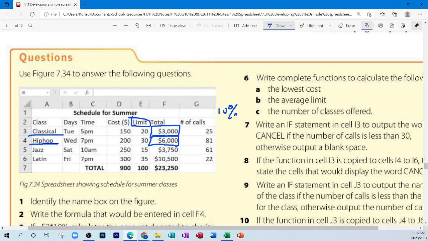To add a column to the left of the limit column, you should highlight the column that has the limit, column D. After highlighting it, press insert. Highlight column D and then press insert. Insert, yes. Okay, so you click on column D and press insert.